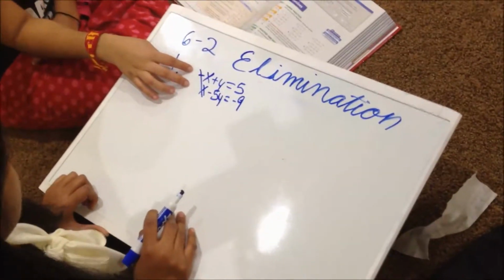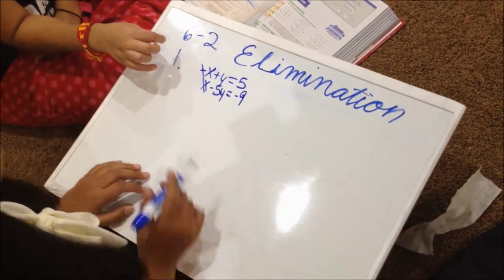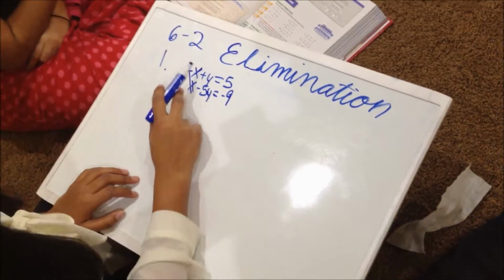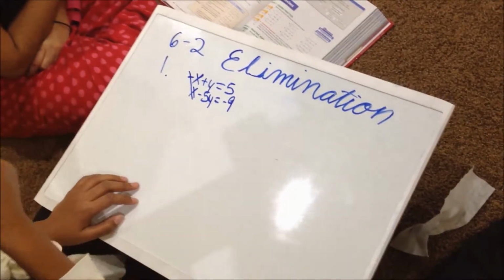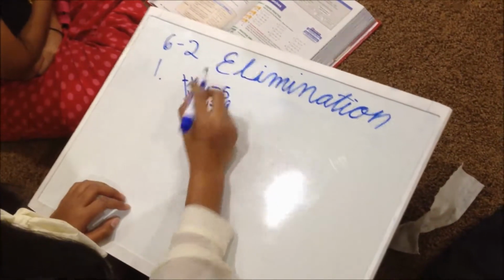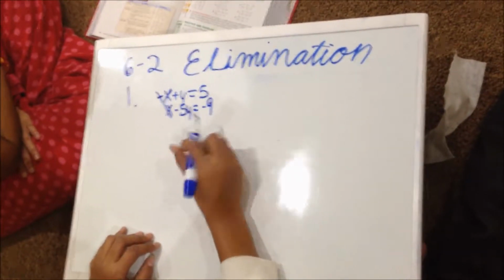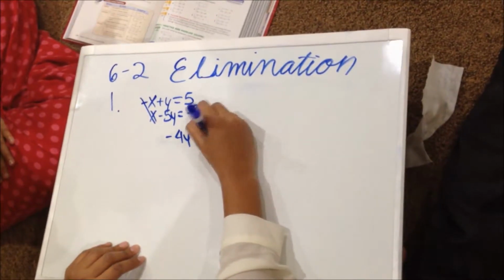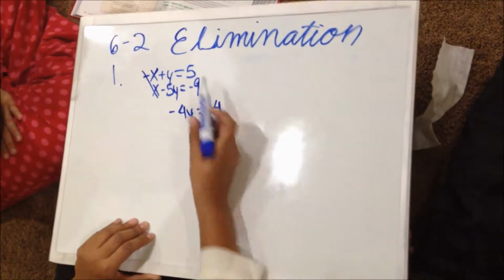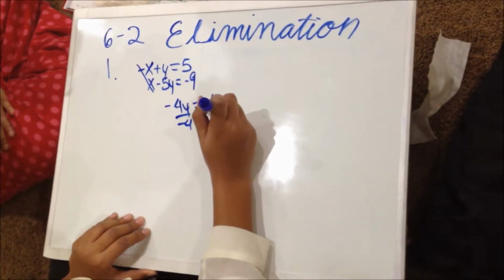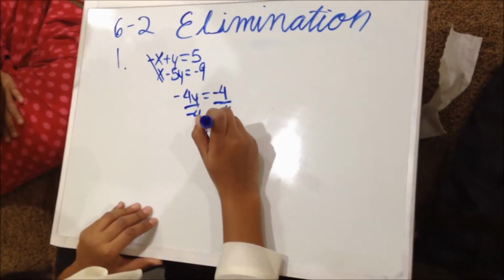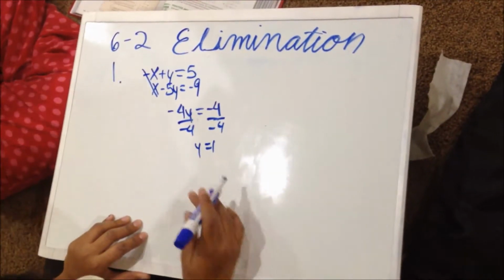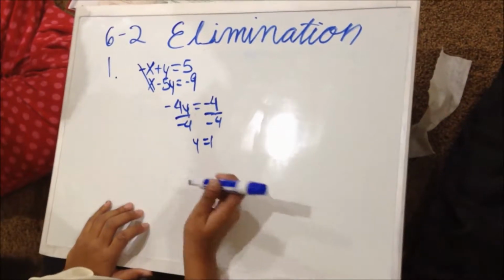No, you're subtracting it. Because this is 1x and 1x, it would cancel out because it's a negative. So negative 5y plus y is negative 4y, and negative 9 plus 5 is negative 4. Then I would divide negative 4 on both sides so I could get y, and y equals 1.